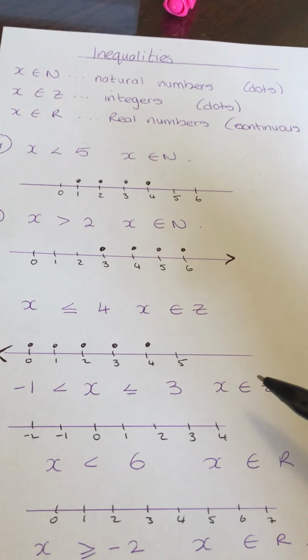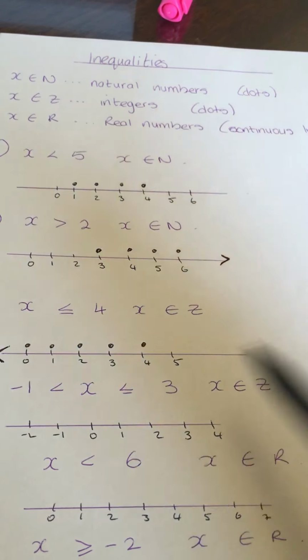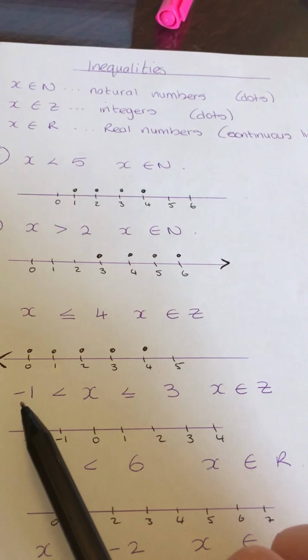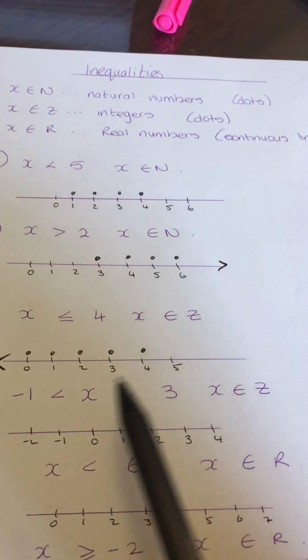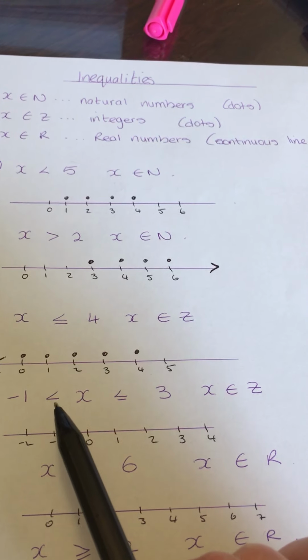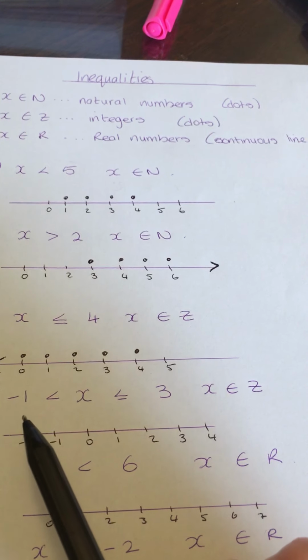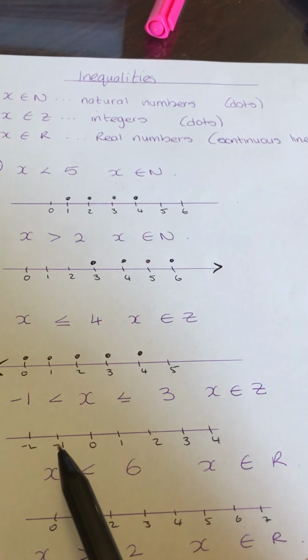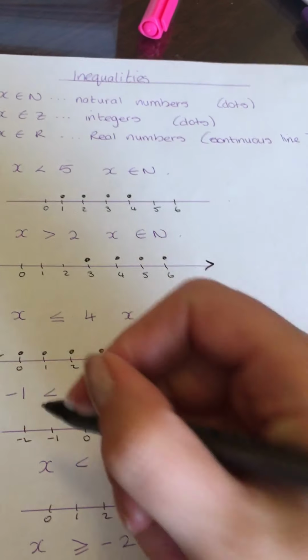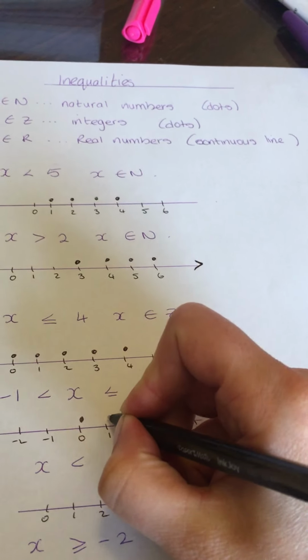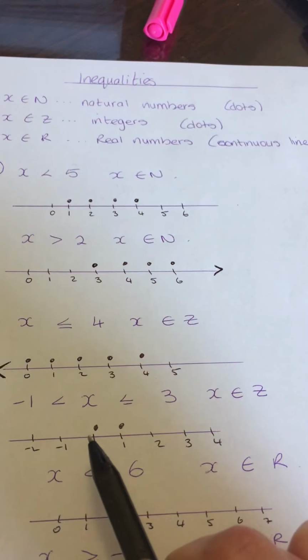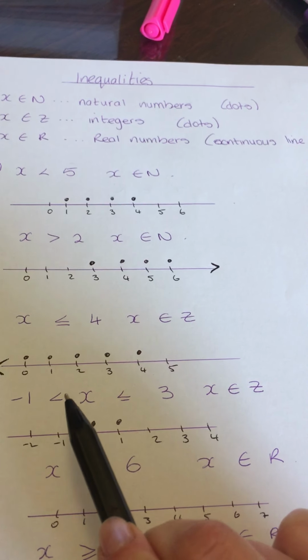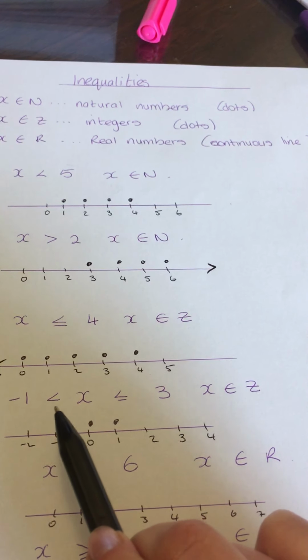Okay, the next one, so x is an element of Z, so we have dots again, and it's between -1 and 3. Now there's no equal sign on -1 though, so it's greater than -1, so the first integer that's greater than -1 is 0. So it's going to start on 0 because it's just greater than -1, it's not equal to it.